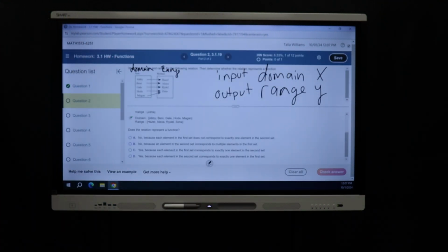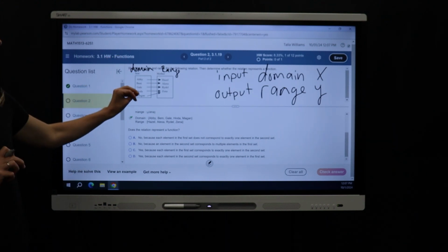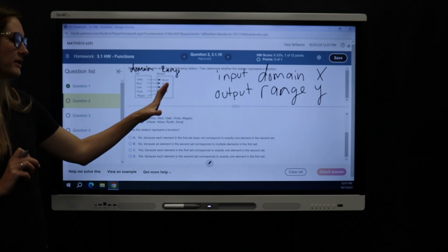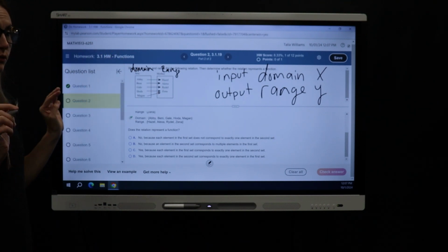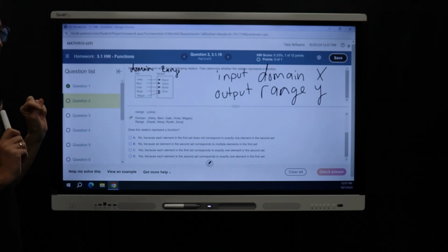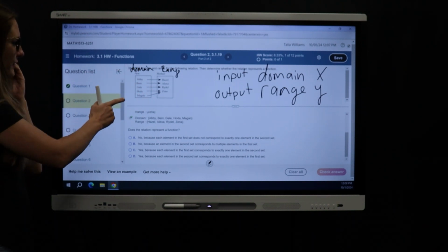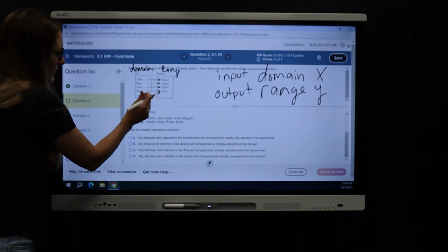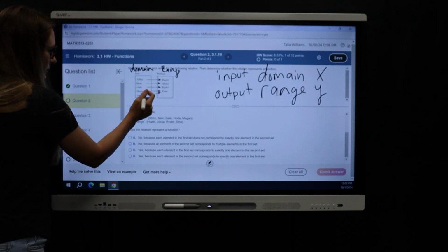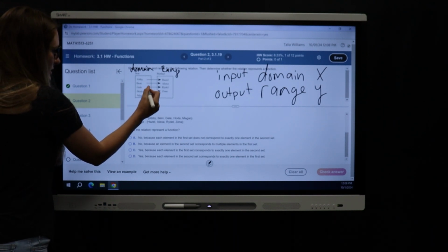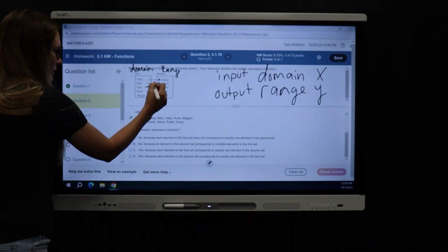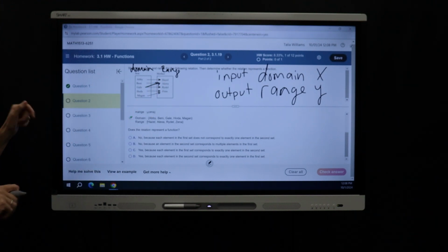And then they ask, is this a function? So the rules on functions is that you can only have one domain value per range value. If it's a 1-to-1, you can only have one x and one y, no repeating. So our x values can't repeat. So if I had another arrow from Gail going to that one, that would make it not a function.